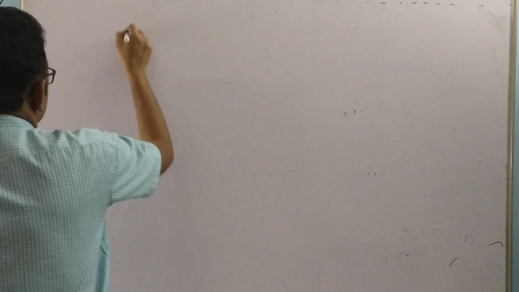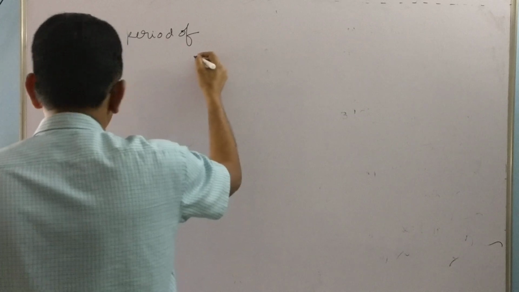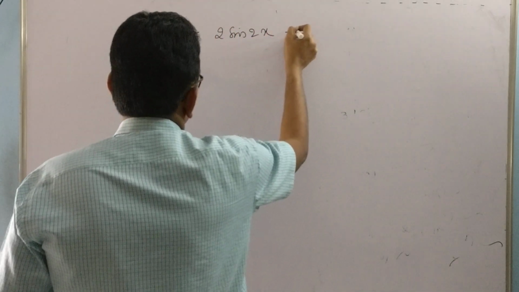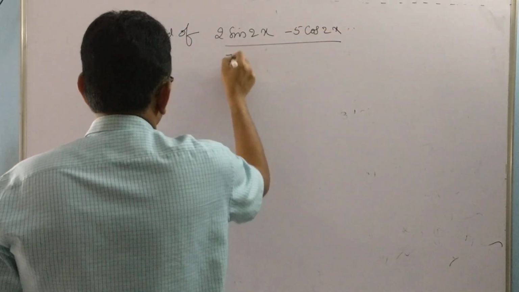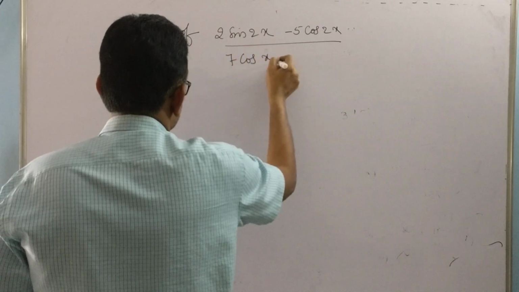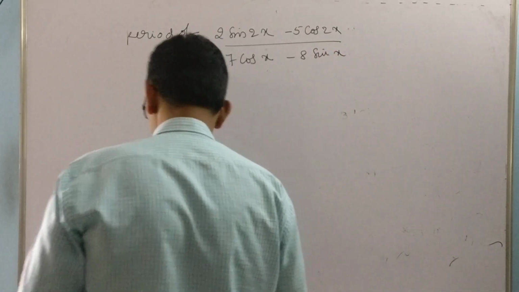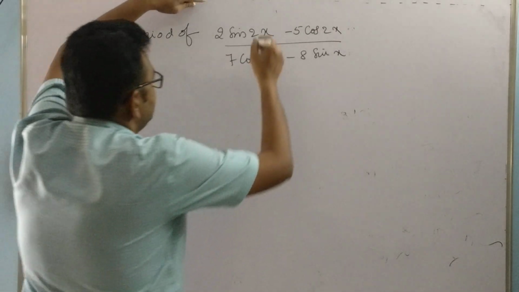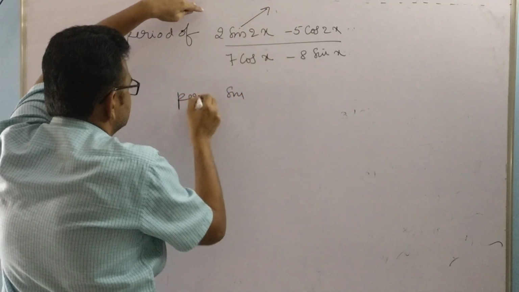Next one, the period of the function 2 sin 2x minus 5 cos 2x by 7 cos x minus 8 sin x. Period. What is the period of sin 2x?